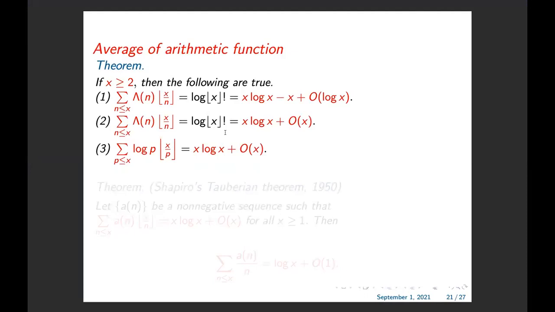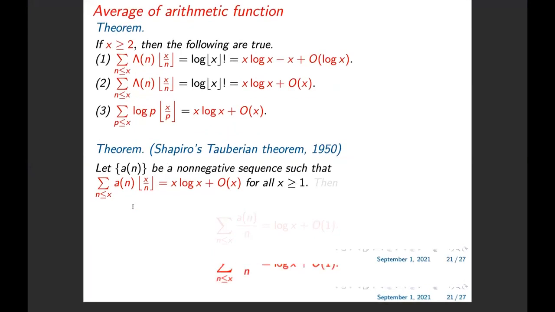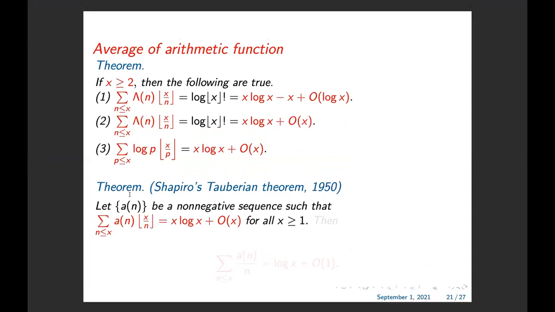Now we state one important theorem, Shapiro's theorem. What he writes is that if we have a non-negative sequence of numbers a_n such that we can average this partial sum by this for all x greater than or equal to 1, then we have this.